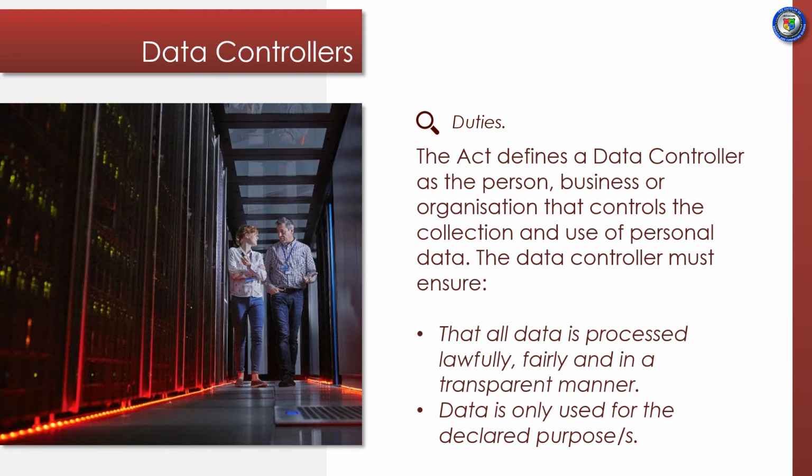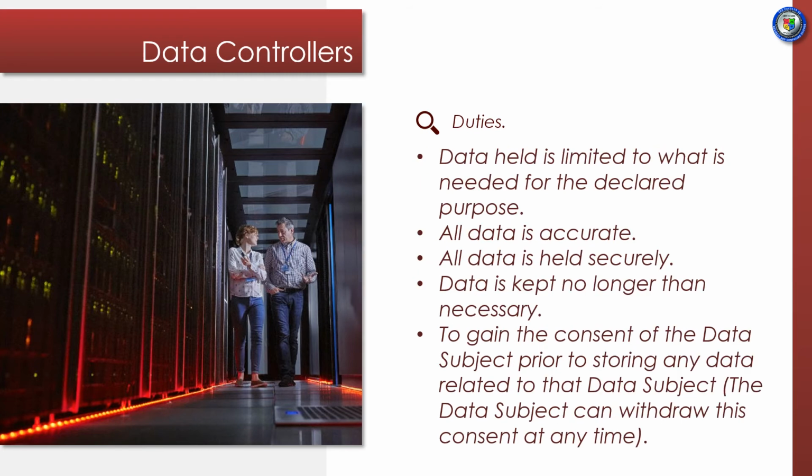Data is only used for the declared purposes. Data held is limited to what is needed for the declared purpose. All data is accurate. All data is held securely. The data isn't kept any longer than necessary.